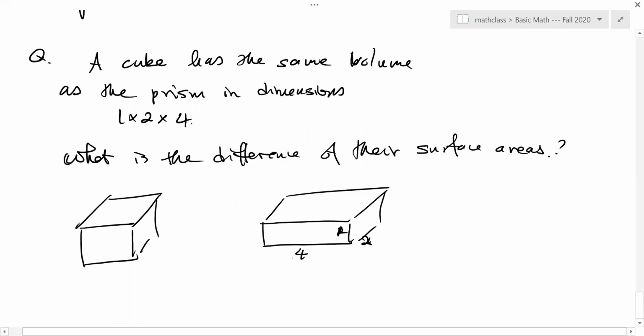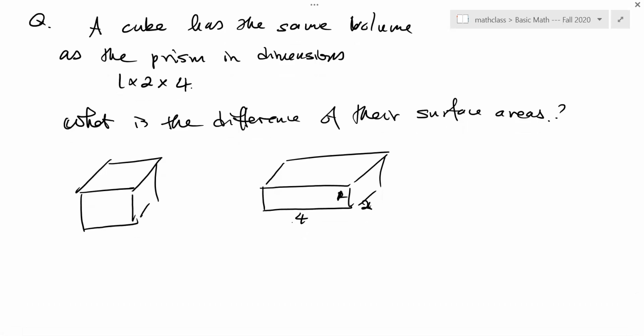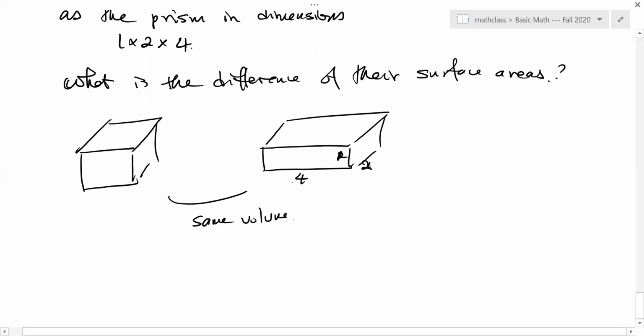A cube is special, a cube is a special prism. Let's calculate the surface area and do the comparison. They have the same volume.